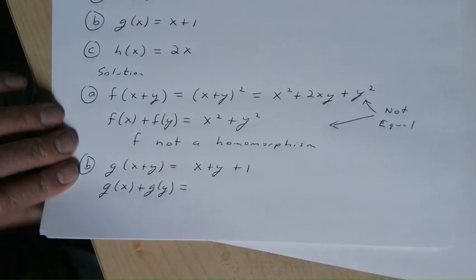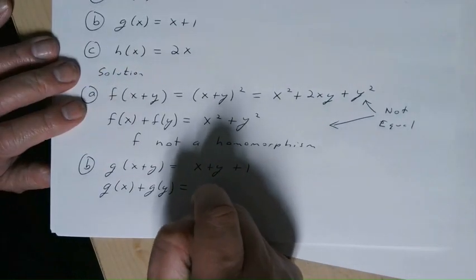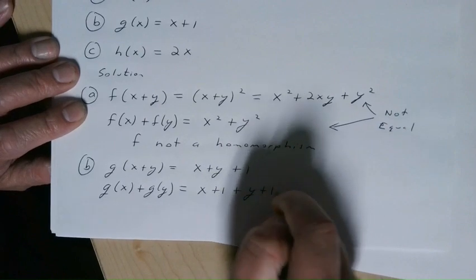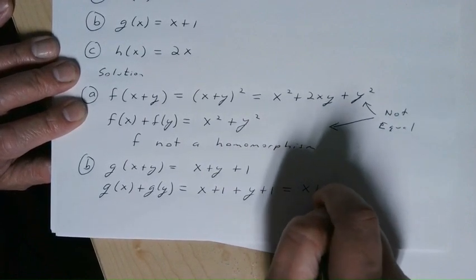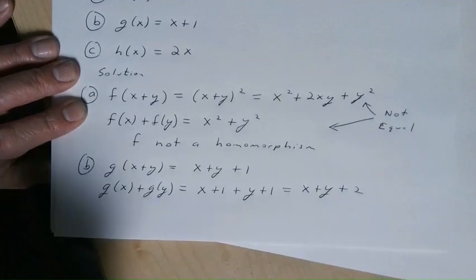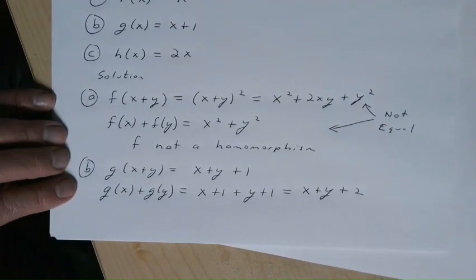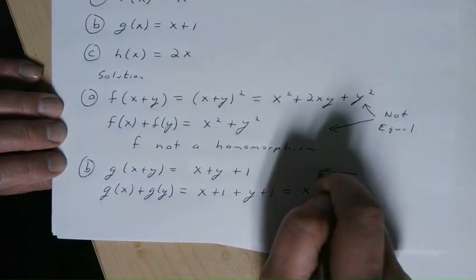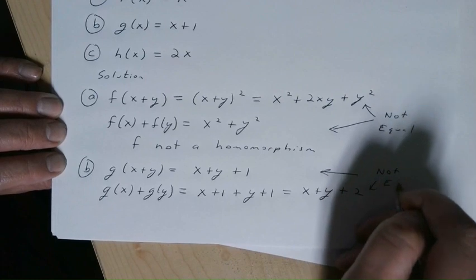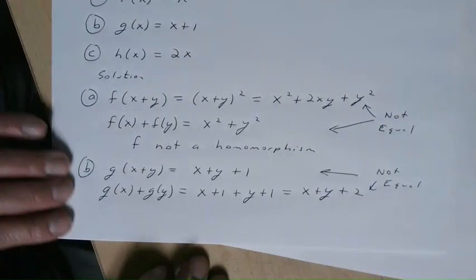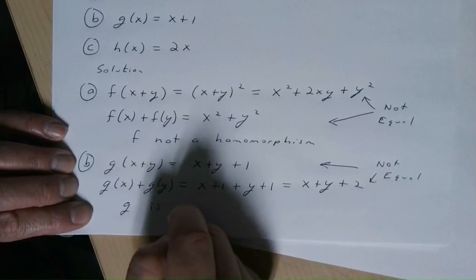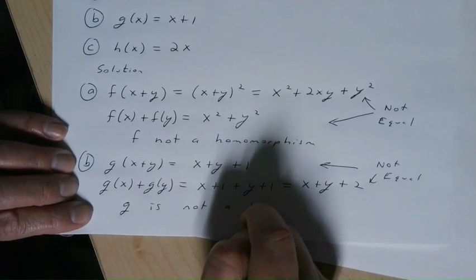We want to add those, and that's going to be x plus 1 plus y plus 1, which is x plus y plus 2. Now we see here, once again, they're not equal. So g is not a homomorphism.